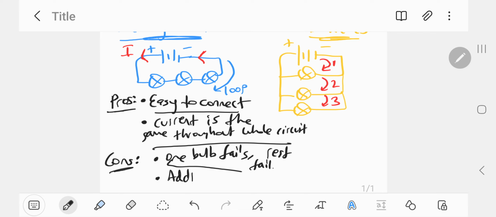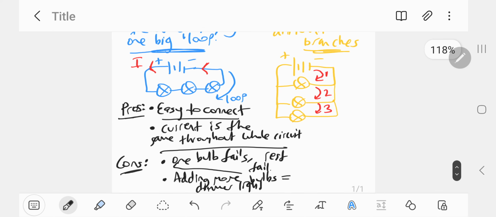Also, adding more bulbs results in dimmer light. Okay, if you have one battery, and you're adding more bulbs, you're exhausting the energy supply from the battery. And so hence the brightness will decrease of all the bulbs, okay? Because you've got energy conservation. Whatever comes in has to come out.